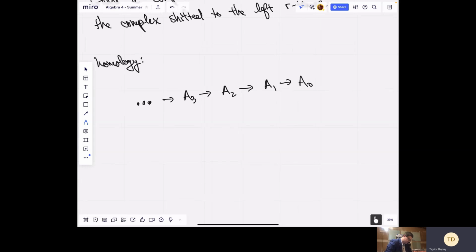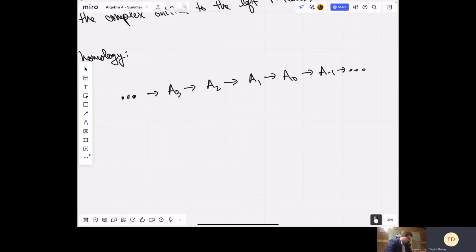That's our usual complex A. This is degree 0, so maybe we wanted to go to A_{-1}. Now let's shift everything to the left. So A_{-1} bumps over, so you have A_{-2}. This is A_0, this is A_1, this is A_2.